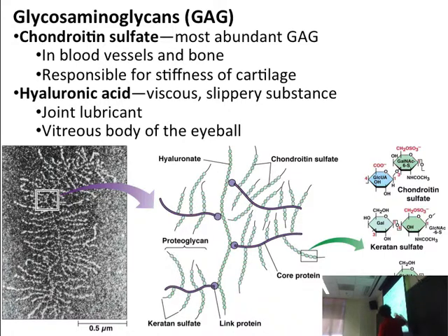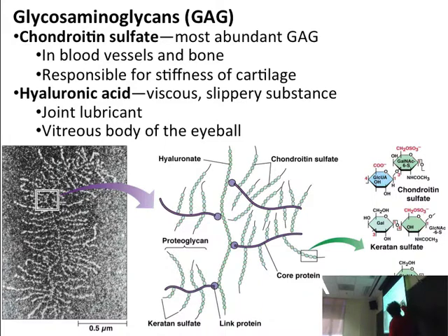A glycan is a long chain of carbohydrates, and it is attached to a protein core. There's a long protein rope with these carbohydrate arborizations coming off of it. Oftentimes, these carbohydrates are heavily charged. In this example, all right, we have chondroitin sulfate.